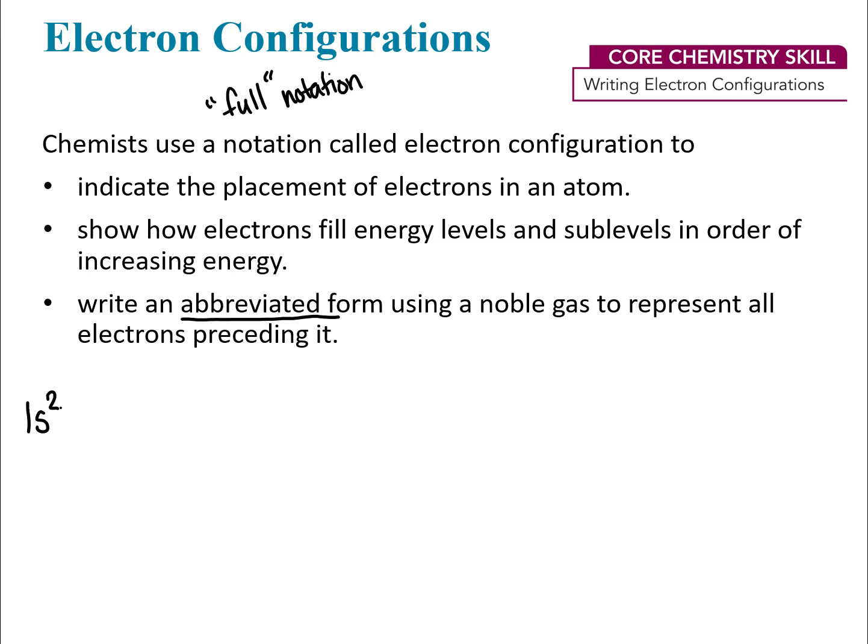S orbitals can hold 2 electrons. So that superscript there tells you the number of electrons in that particular sublevel. We move on to fill the 2s, again with 2 electrons. Then you fill the 2p, which has 3 orbitals, which can each hold 2 electrons. That means that you can hold 6 electrons in each p sublevel.